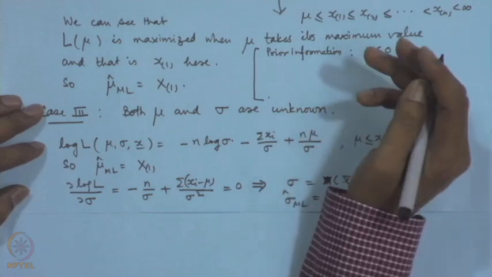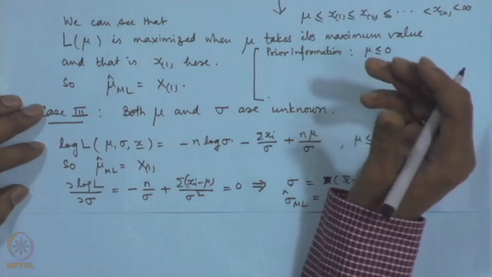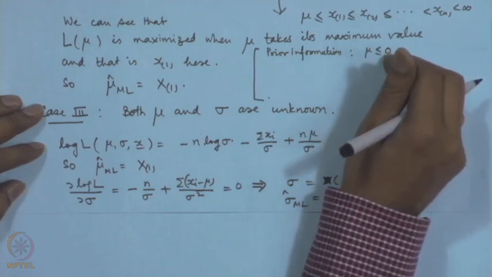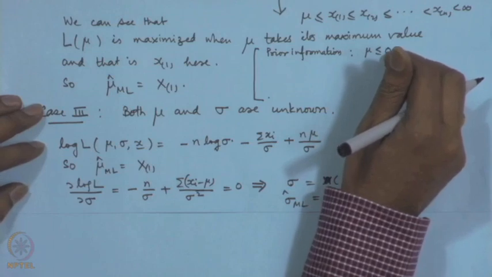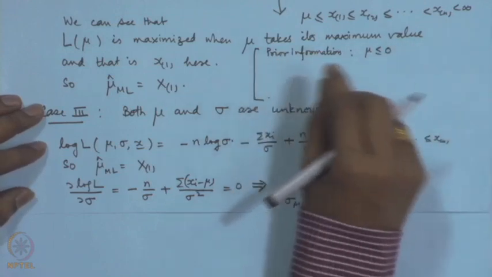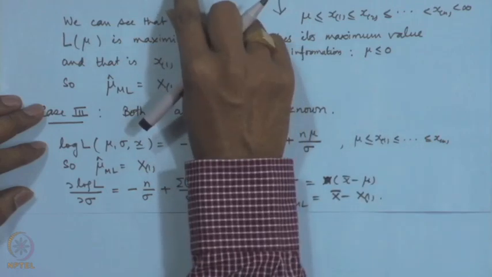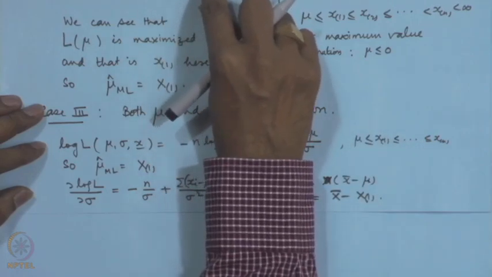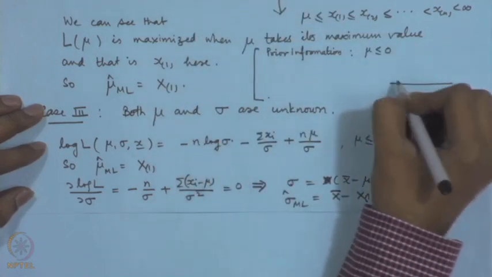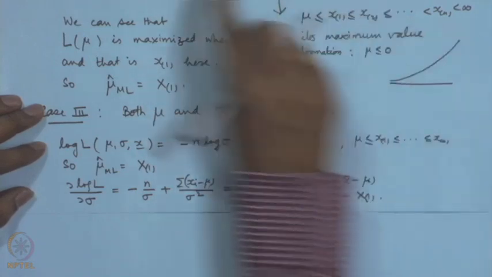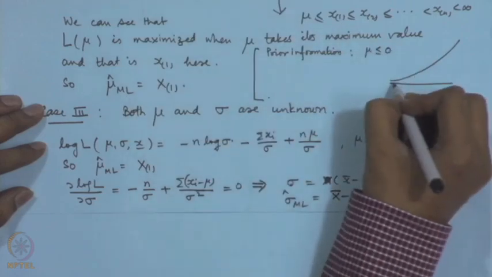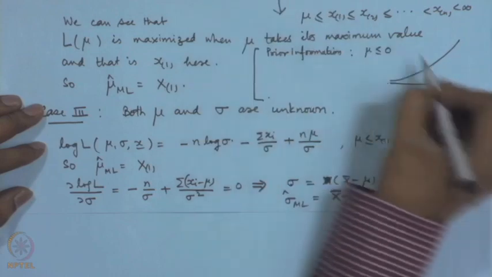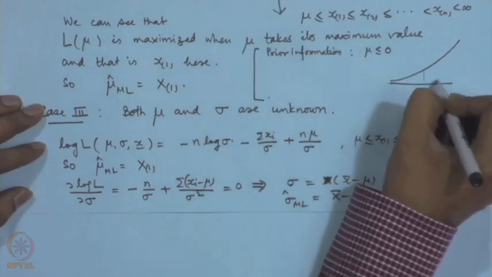Basically, it means that the minimum guarantee time is upper bounded by some number, say mu naught, which we have brought down to 0. Now, in this case what will happen? If we look at the form of the likelihood function, this function is an increasing function of mu. It starts from minus infinity, that means it is 0, and then at 0 it will be e to the power something, and then thereafter.